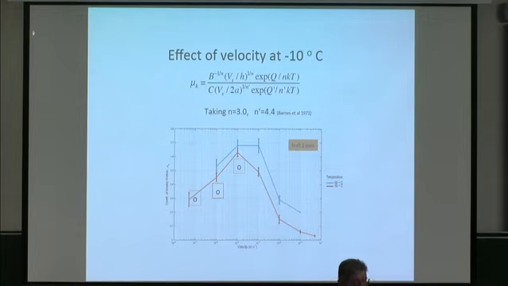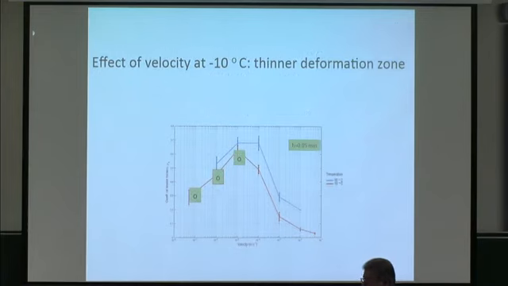So if you change the deformation zone, reduce it by a factor of 2 to 50 micrometers, oops, I'm sorry, that's 100 micrometers. But if you change it by a factor of 2, you get somewhat better agreement. The point is here that the velocity strengthening regime can be understood, at least at some level, through just creep deformation of asperities. What about velocity weakening?